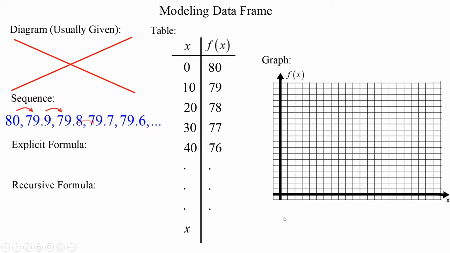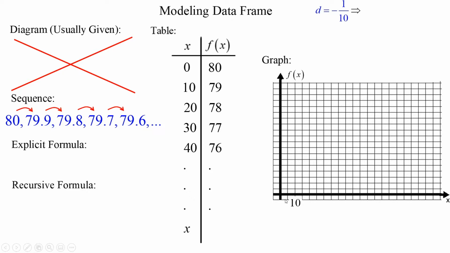First, let's talk about the common difference. I can't look at the table right here for my common difference because my x interval is not 1. So I have to go back to my sequence, and you see that we're subtracting 1/10 every time. So we have a common difference of negative 1/10.